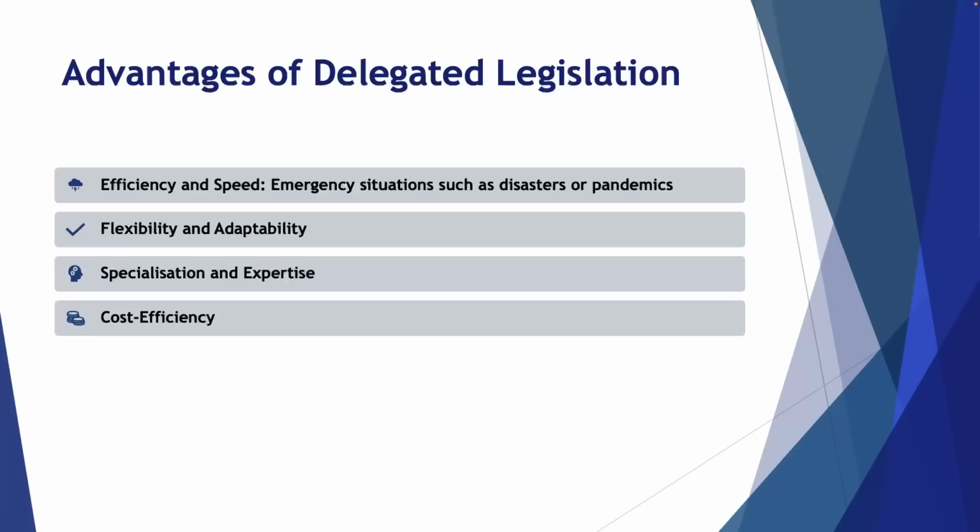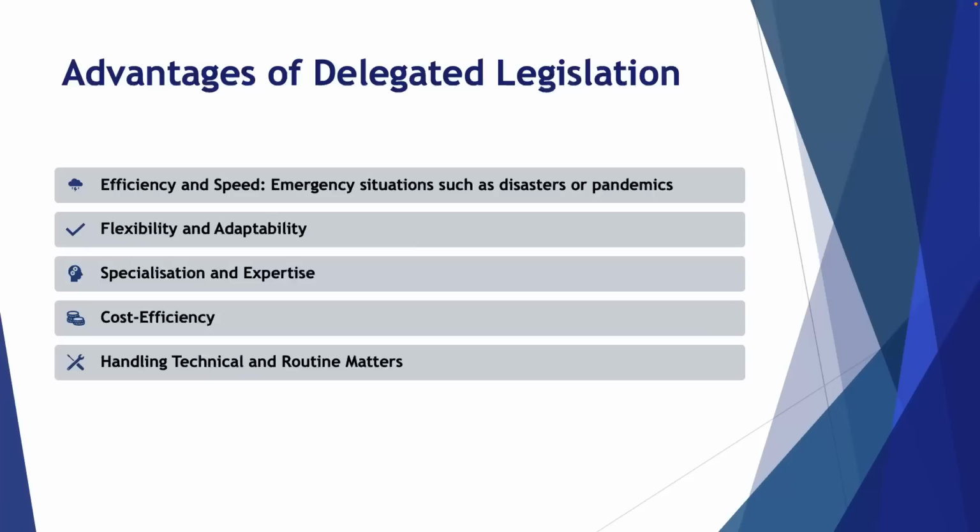Local councils might use delegated powers to pass bylaws related to things like public amenities or local services. Again, all of this saves the national parliament from having to legislate on each of these issues individually.